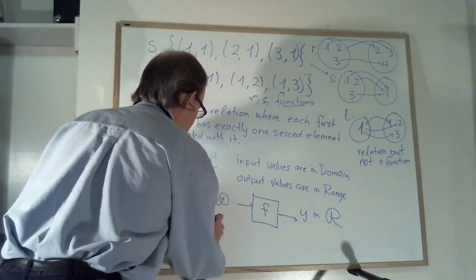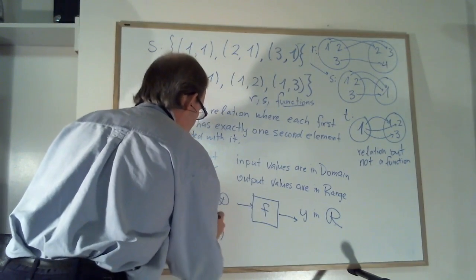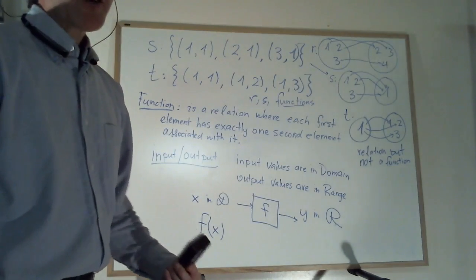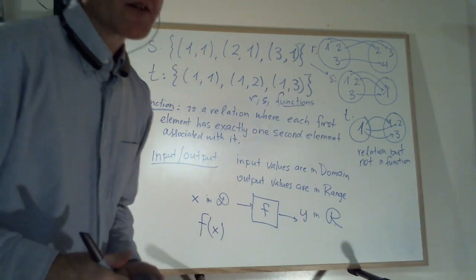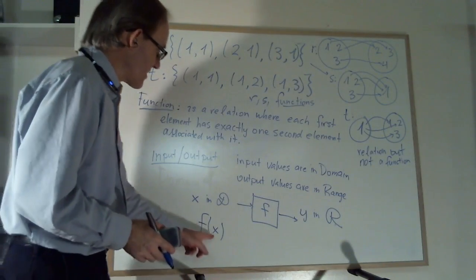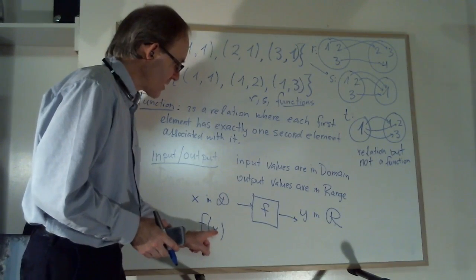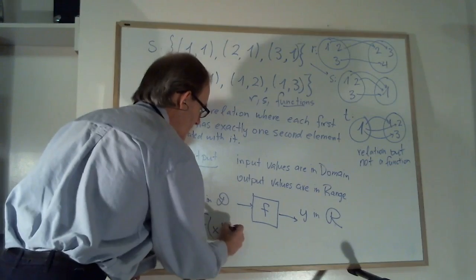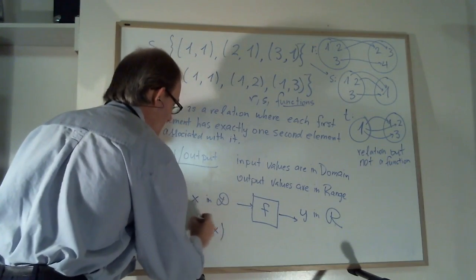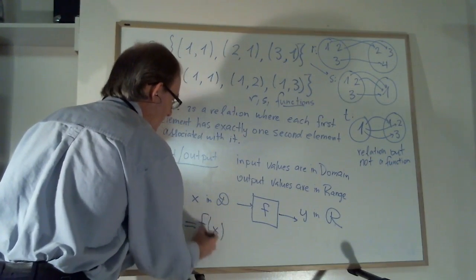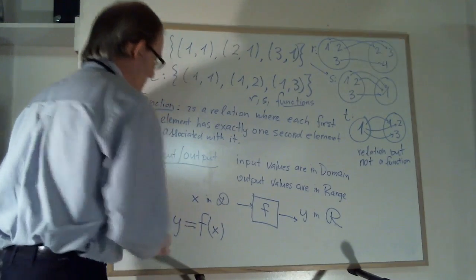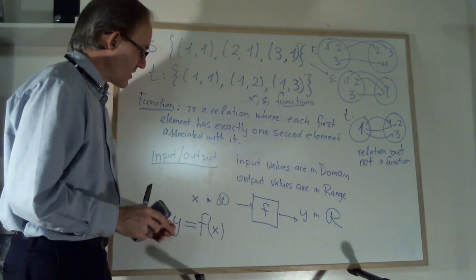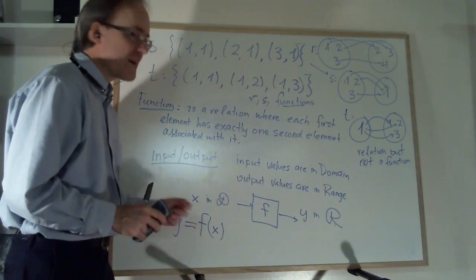Mathematically, the notation is you put brackets around it, and f kind of operates on it. In other words, you stick the x value into the box. It's represented by these parentheses, and out comes y. So the value, after evaluating this function, is going to be called y. So you could say y is a function of f.